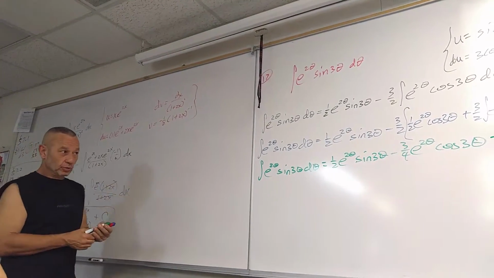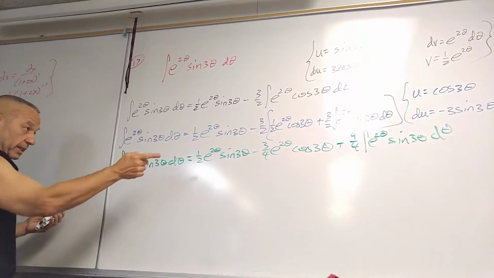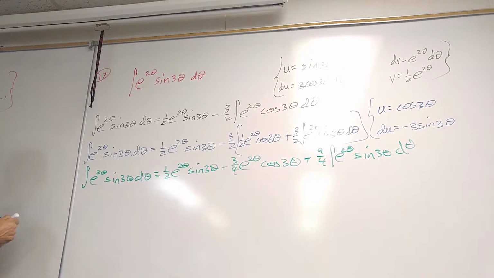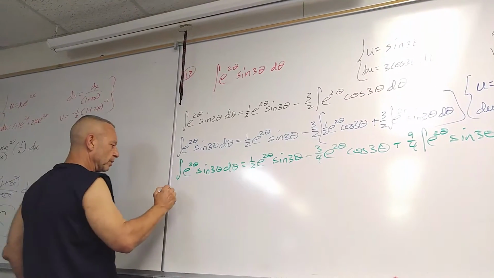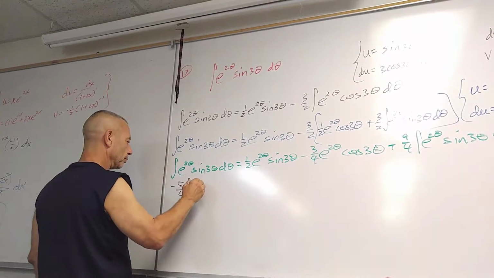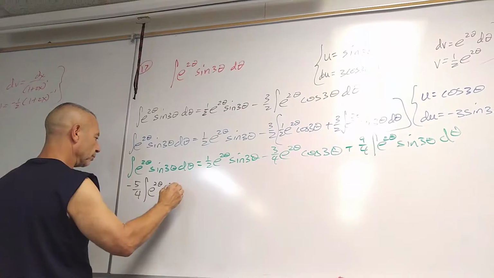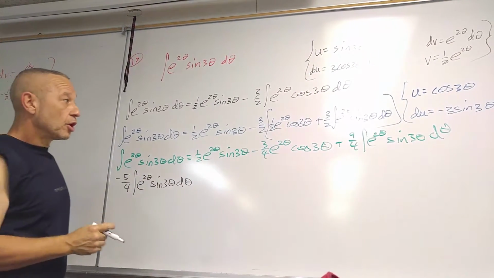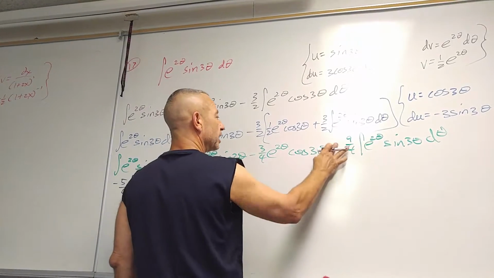So what am I going to have over here when I combine that one with this one? Well, won't it be a minus 5/4? No. I think you need to change sign. Well, there's a minus 9. Minus 9/4. Oh, I get it.